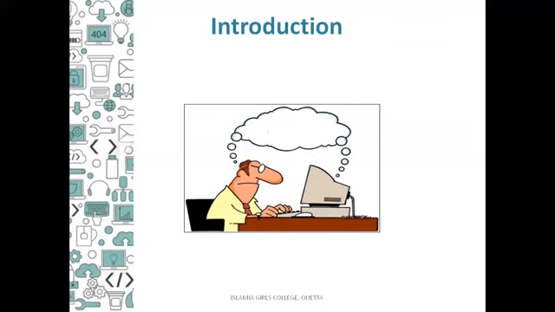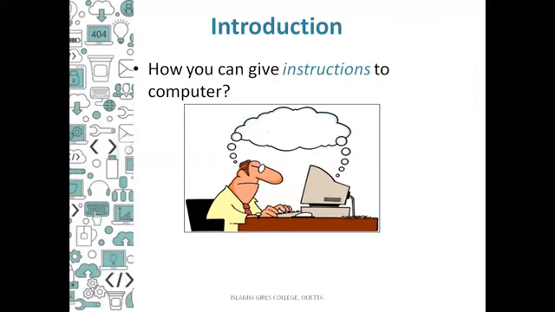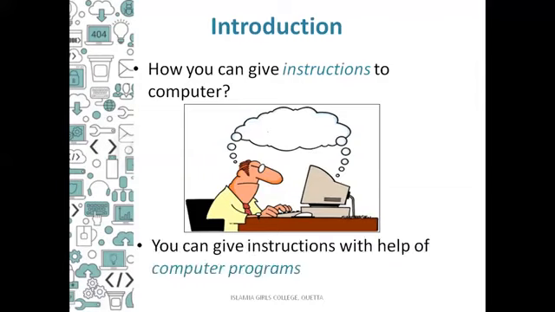Now it is clear that when you give the data, you will also have to give the instructions so that you can make it clear to the computer how to process it. But now the question comes, how can you give instructions to the computer? You can give the instructions to the computer with the help of computer programs.